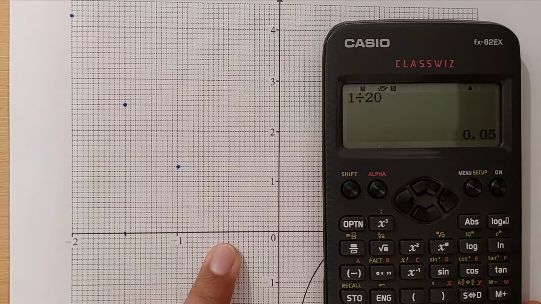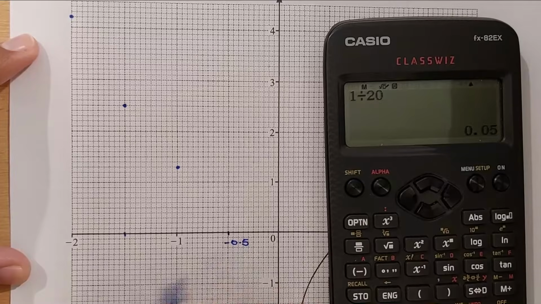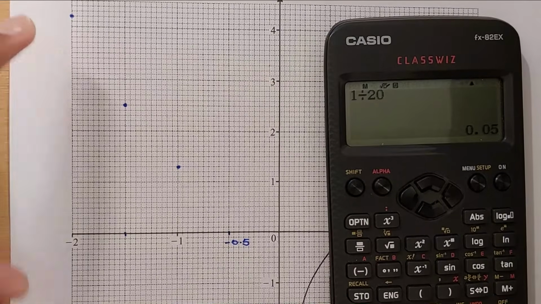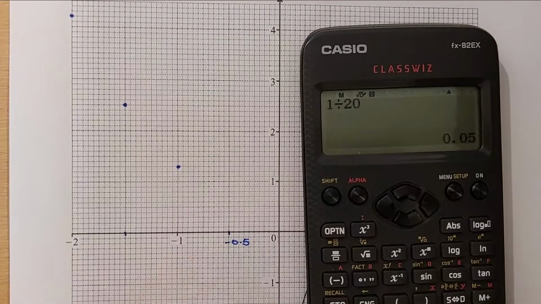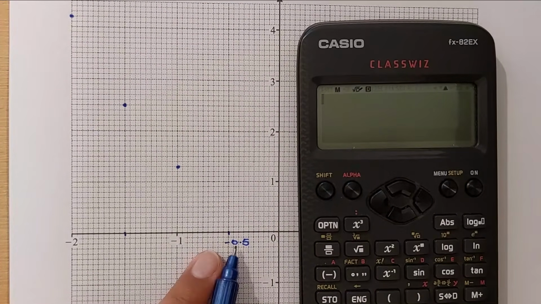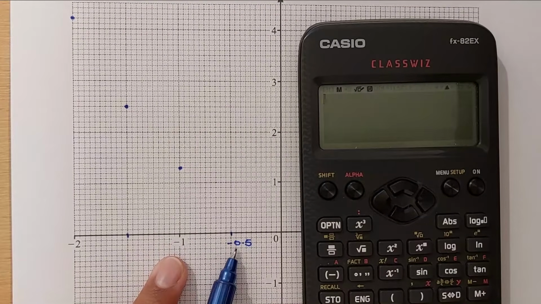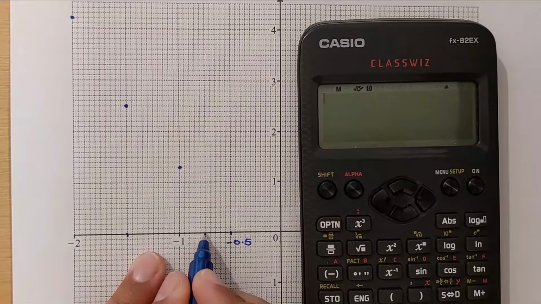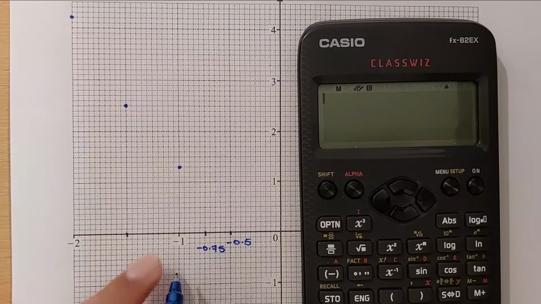This is minus 0.5. So where is minus 0.75? In the middle of minus 0.5 and minus 1, we have minus 0.75, this point, right?